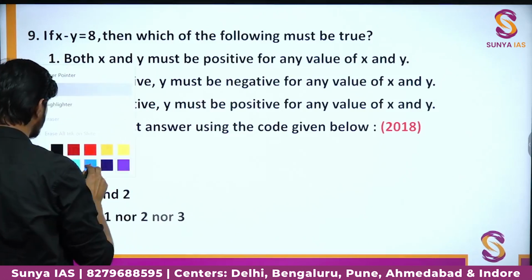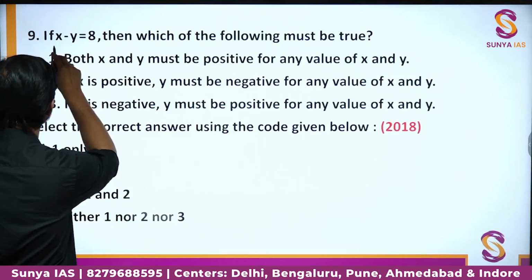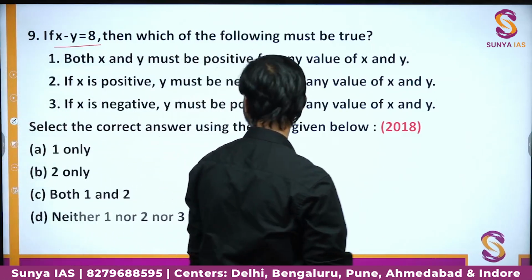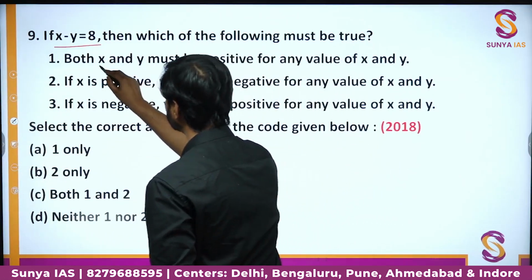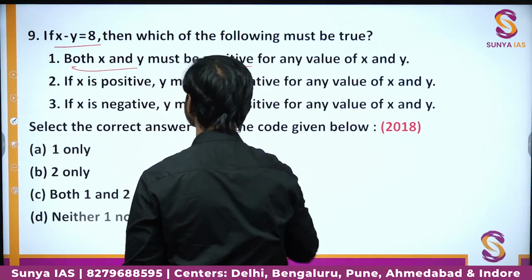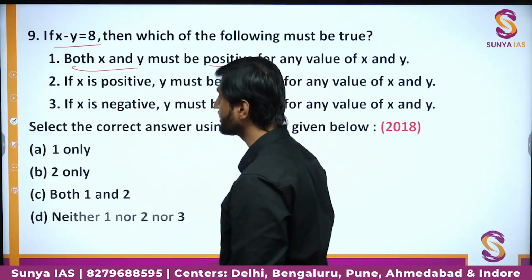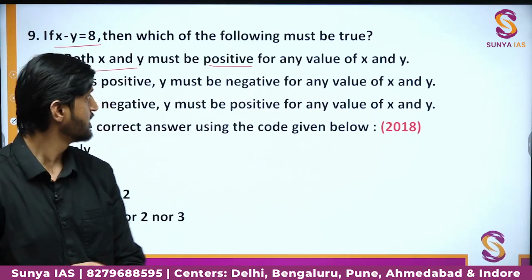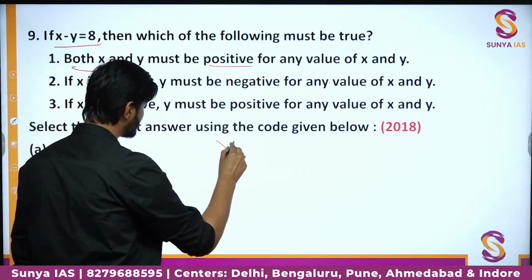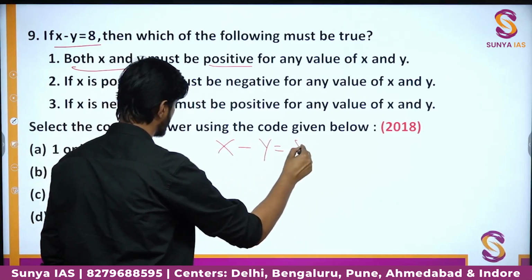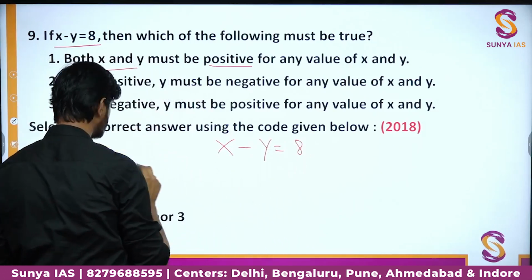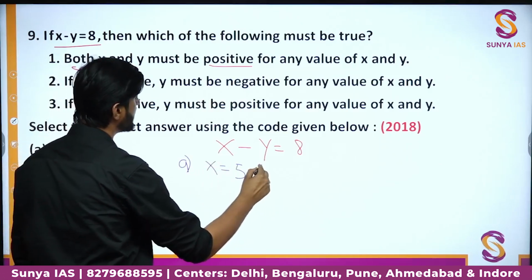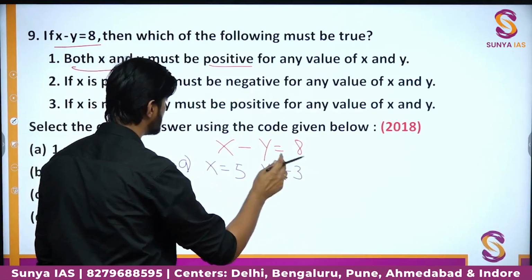We have this question here which says, if x minus y is equal to 8, then which of the following must be true? The first statement says both x and y must be positive. So, is it necessary that both x and y should be positive in order to solve the question? No. Let me show you. If we have the equation x minus y is equal to 8, and to check option A, we put x as equal to 5 and y is equal to minus 3, what will happen?